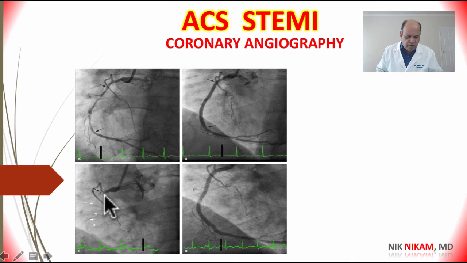But if there is total occlusion, this is usually resulting in a STEMI, and this is also opened up. First, a guide wire is passed through this region, and a balloon is inflated to compress the plaque, and later on a stent is placed to open up the circulation after an acute STEMI.